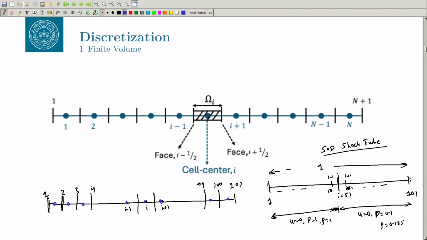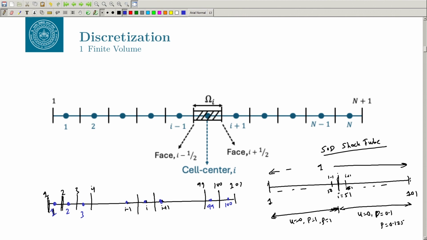So if it is 101 faces, with 2 faces you have got 1 cell, this is 1, 2, 3, and then you have 99 and 100, right.